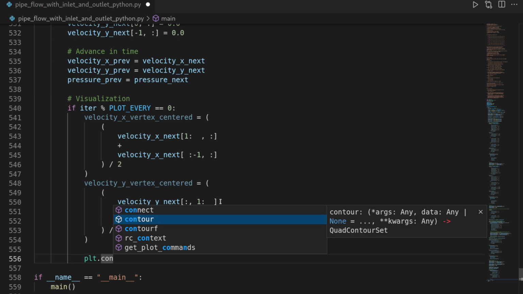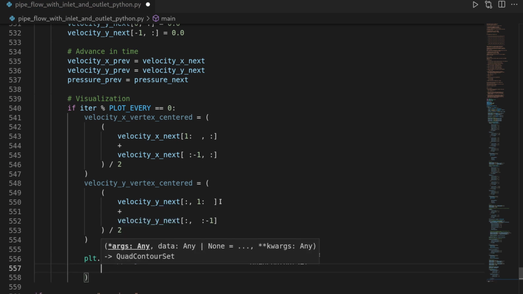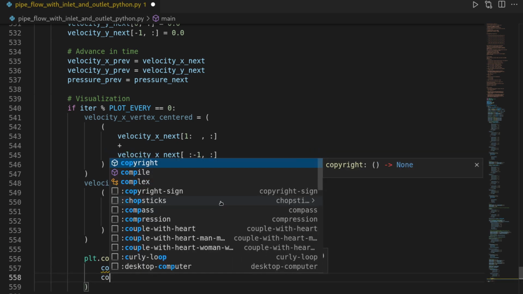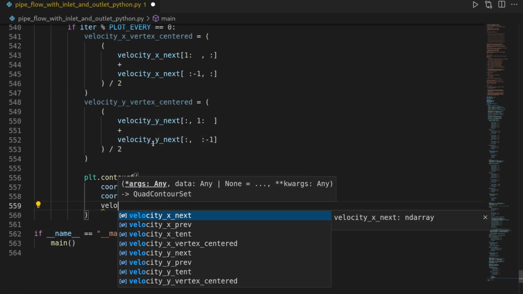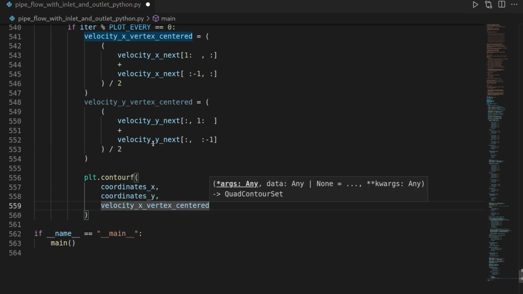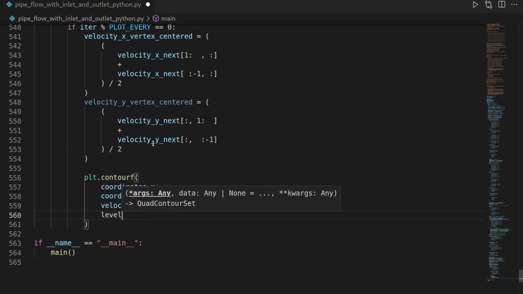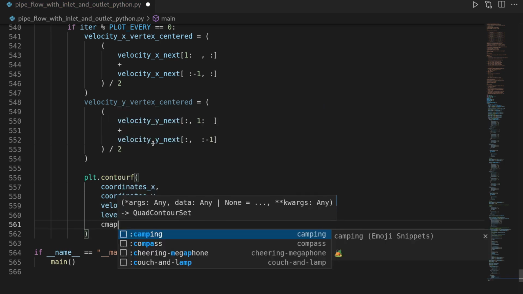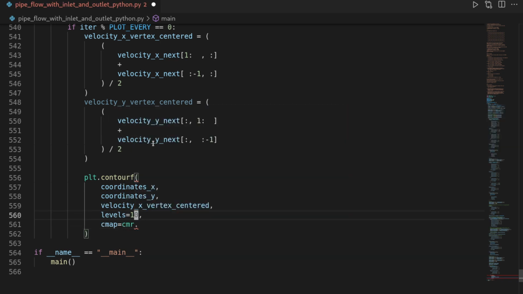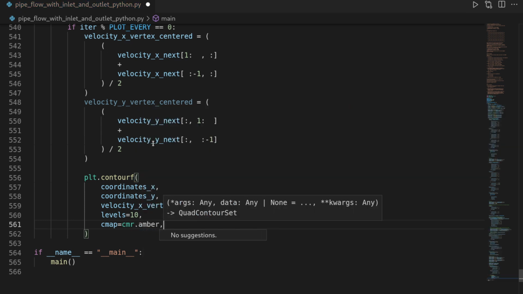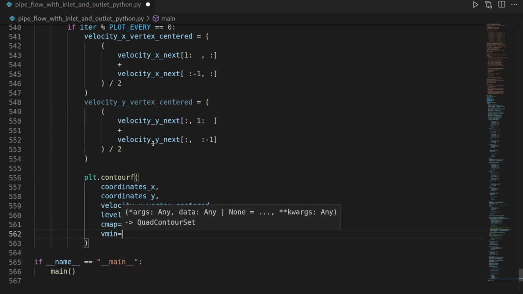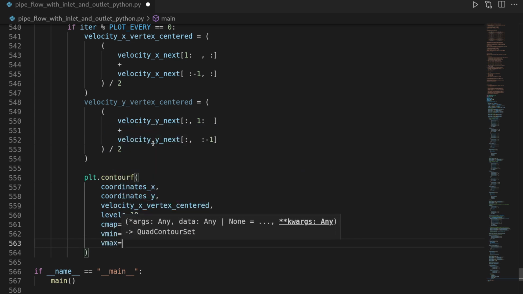So plt.contourf, and for this we need the coordinates in x, coordinates in y, and for the start I want to use the velocity x vertex centered here, and I want to use 10 levels, and for the color map, as said, I want to use the one from this cmasher package, and the one I want to use is called amber, and I will want to set the minimum value at 0 and the maximum color value at 1.6.